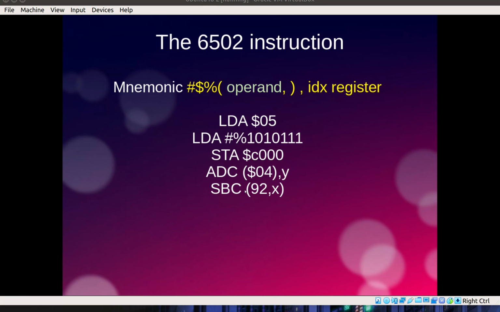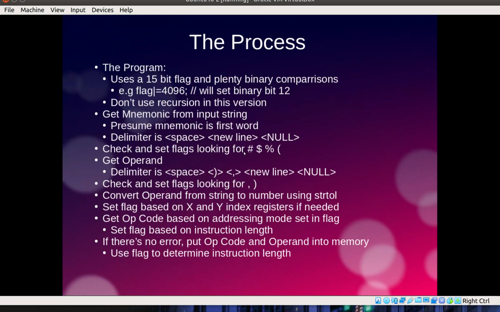I always get them confused, but I know what they do. And this one is saying take this value here, which is 92 in decimal, so the address of 92, offset it with the index register X, and perform the subtract operation. So all of these are valid syntax.